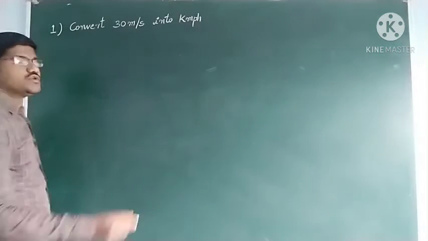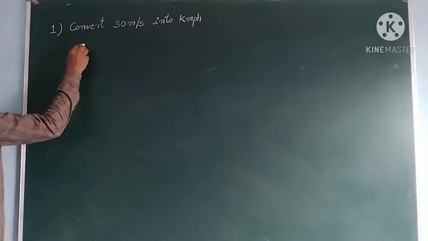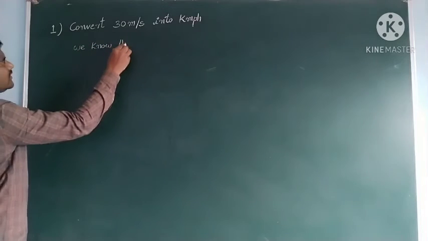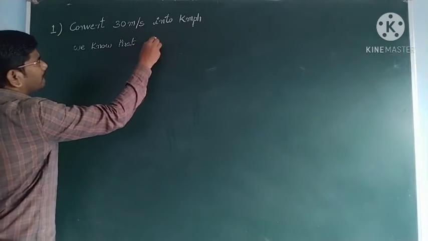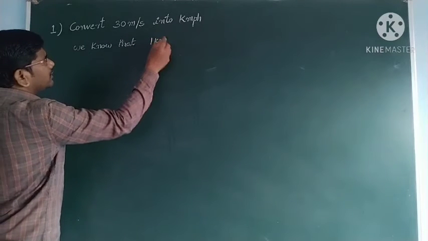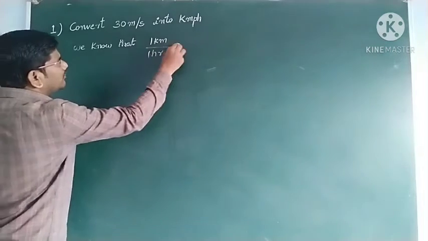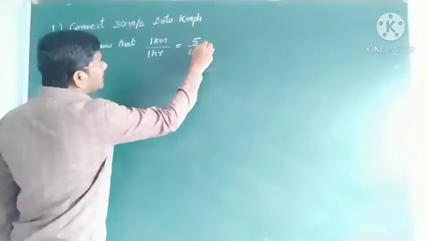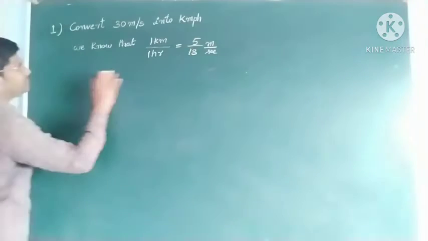Okay, so we know that 1 kilometer per hour is equal to 5 by 18 meters per second.